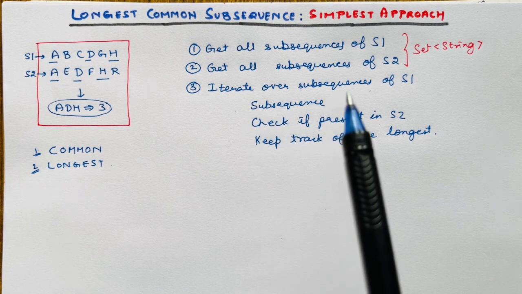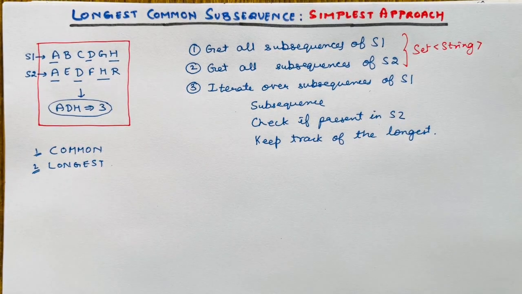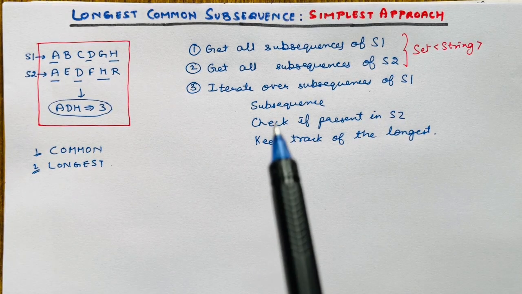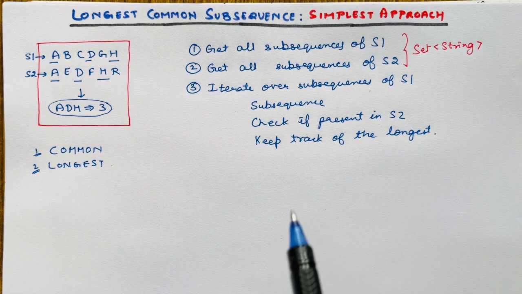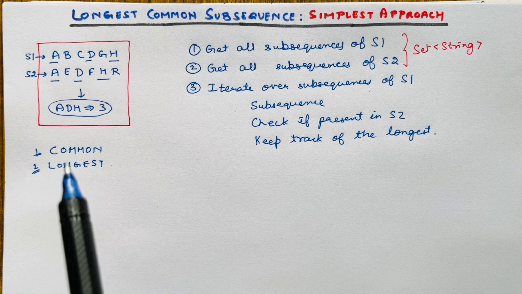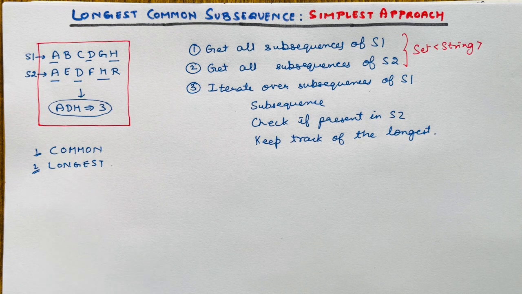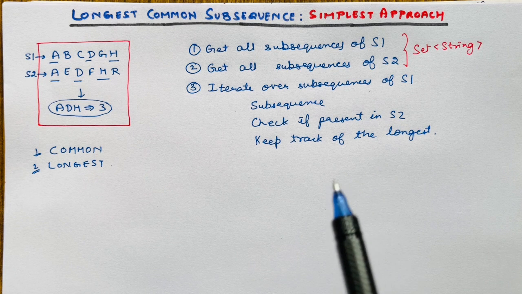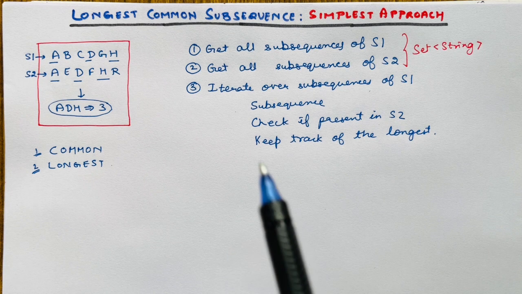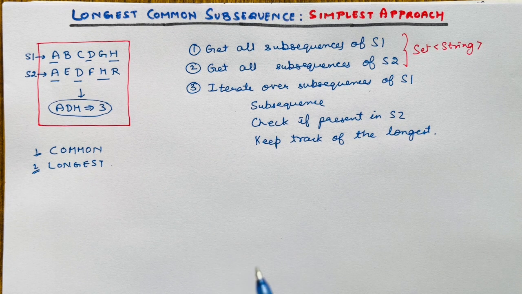Then we can iterate over all the subsequences of S1. And in every iteration, we can just check if this subsequence is present in S2. If it is, our condition of common is satisfied. Then we just keep track of the longest subsequence that we have seen so far. And once we are done with all the iterations, we return the longest subsequence that we saw.